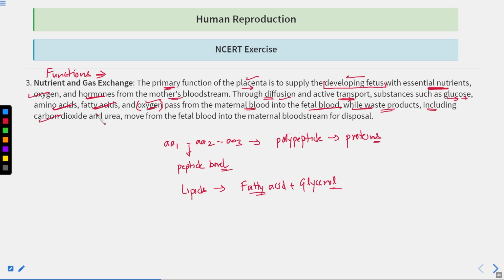Urea is the nitrogenous waste product. What are the three nitrogenous waste products? They are urea, uric acid, and ammonia. So urea and carbon dioxide, these waste products move from the fetal blood into the maternal bloodstream for disposal.